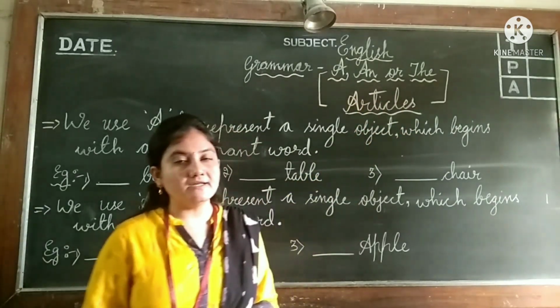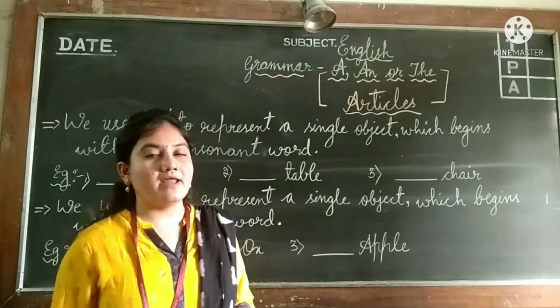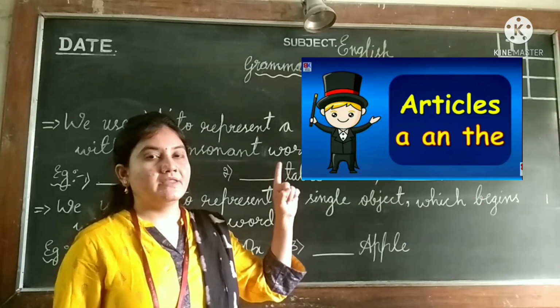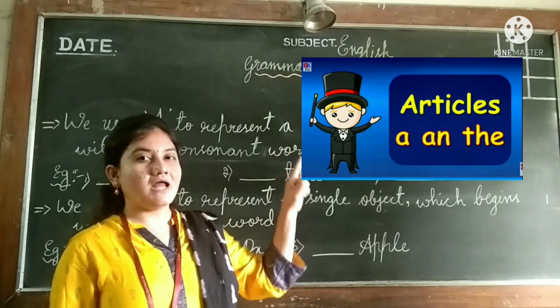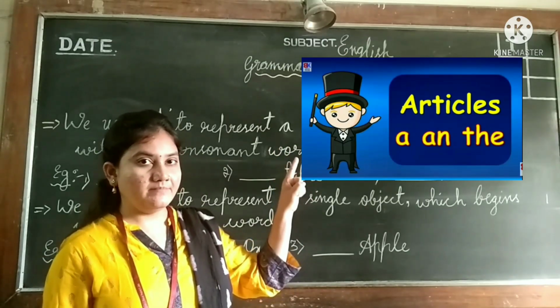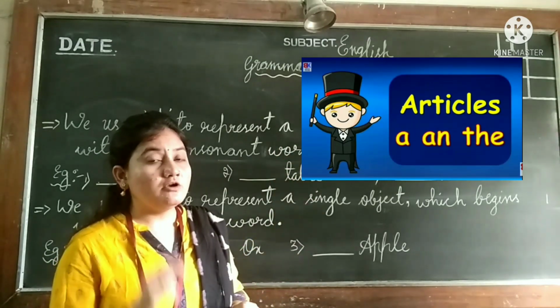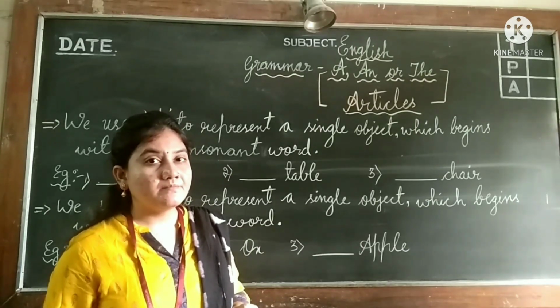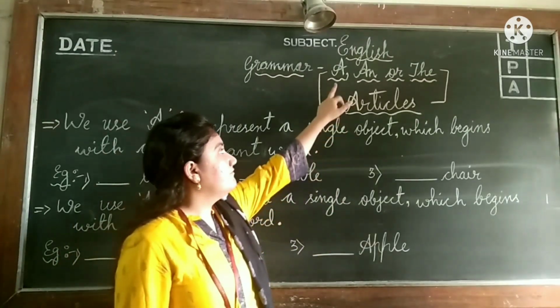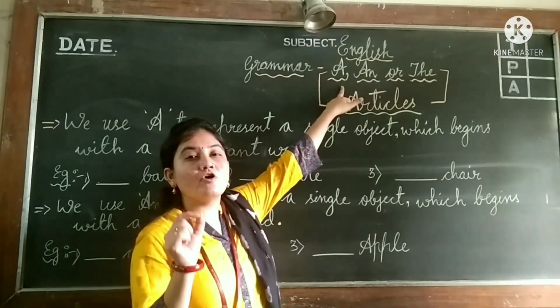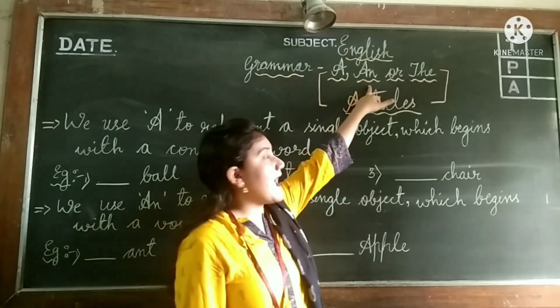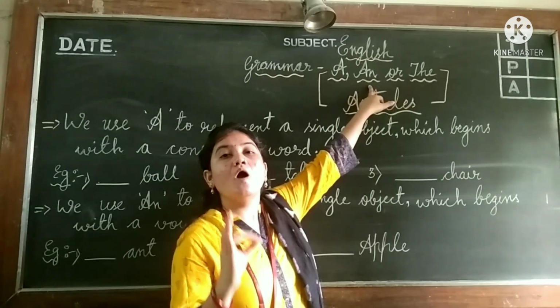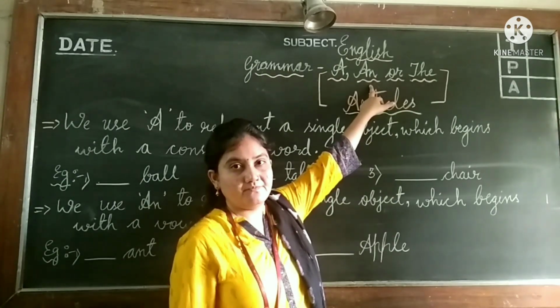As I told you, we use A before a consonant word, and we use an before a vowel word.